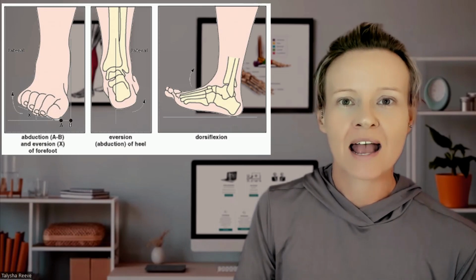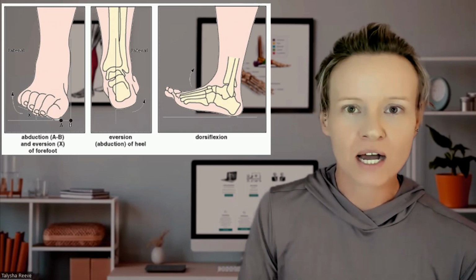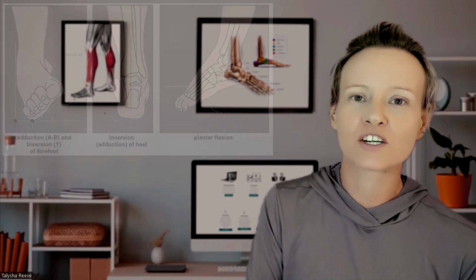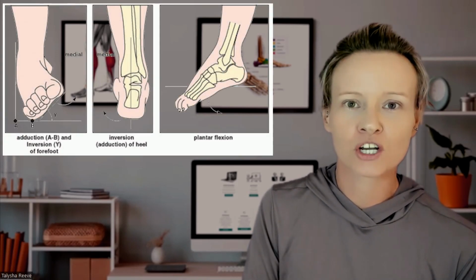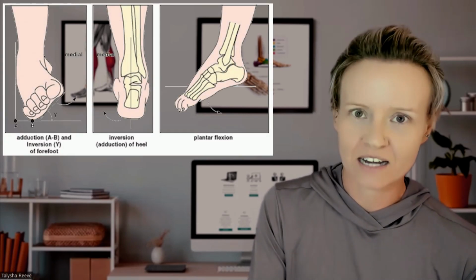Pronation is made up of dorsiflexion, eversion, and abduction, whereas supination is made up of plantarflexion, inversion, and adduction. And because of the 6 criteria that formulate the foot posture index, this is why it can give us a measure of the degree of pronation or supination, because the areas that we're looking at reflect different dominance of the region of the foot relative to those 3 planes of movement.